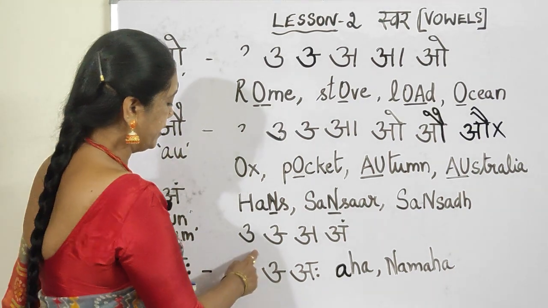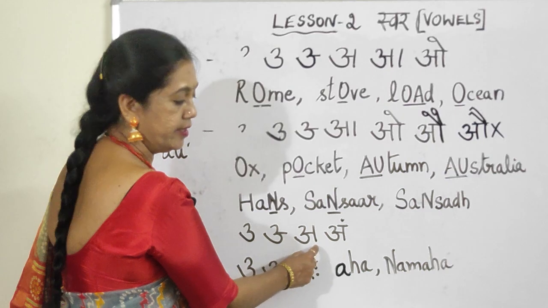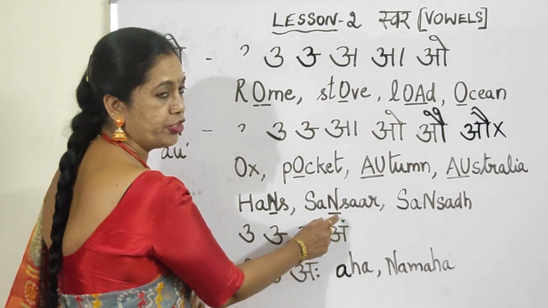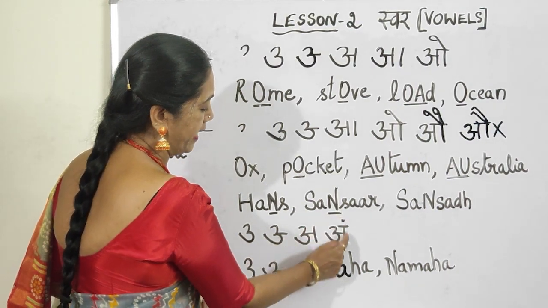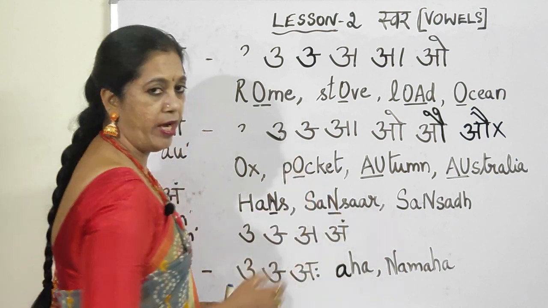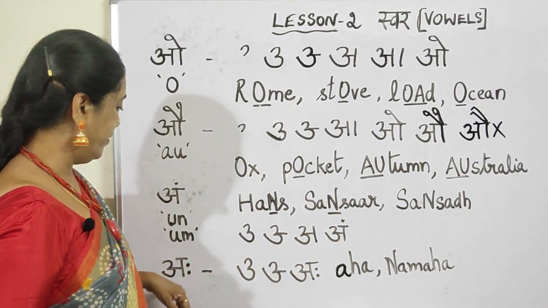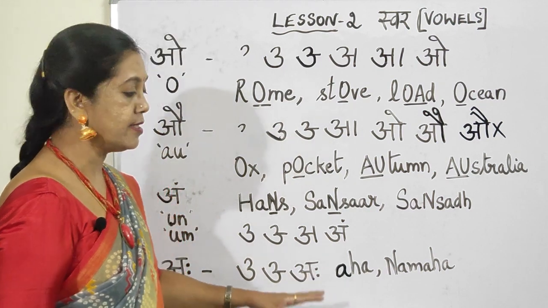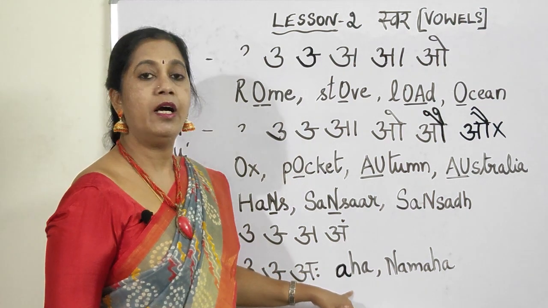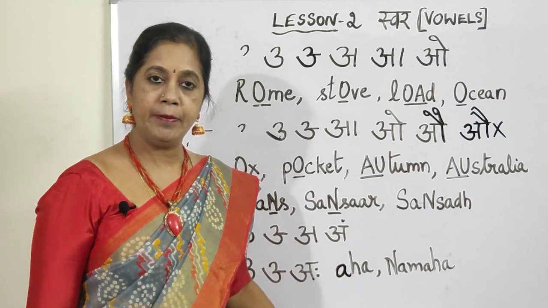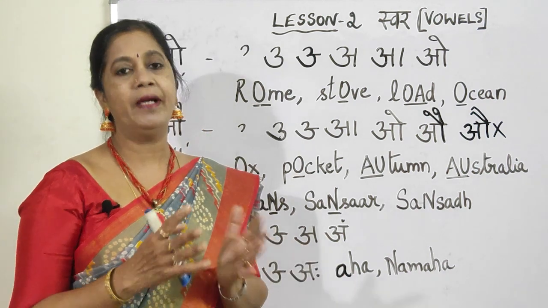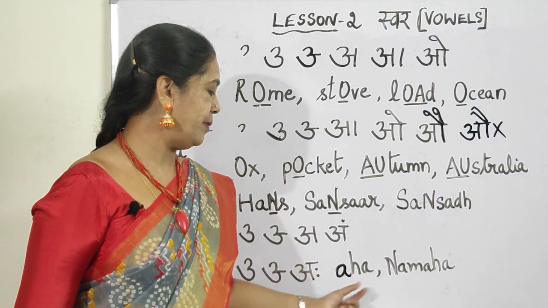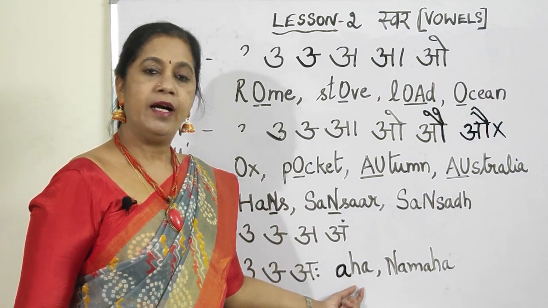Now the writing part, everything till here is correct. Only thing is a bindi or dot is put just above the standing line. Above the standing line you have a dot, that is ang, and beside the standing line you have two dots, that is aha. This is namaha. Namaha means nothing but namaste.